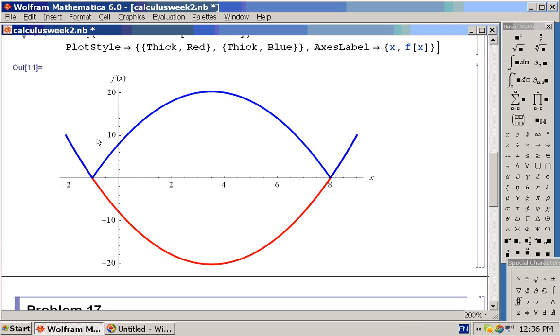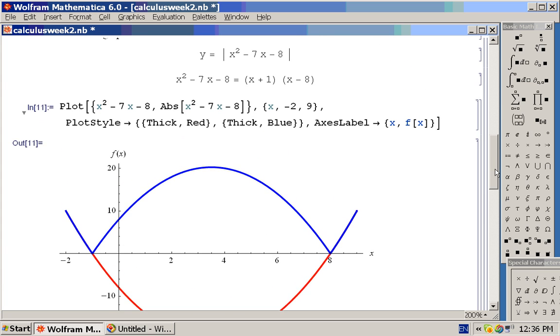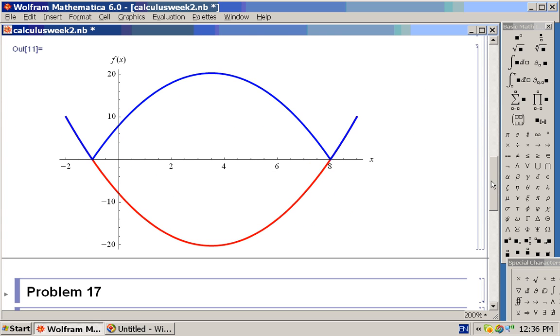In other words, all this part comes out in blue now because we've put that on top of the first one. So the blue curve is the graph of the absolute value of that function. And we can understand why that happens.